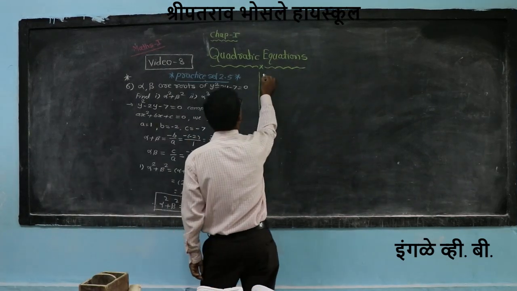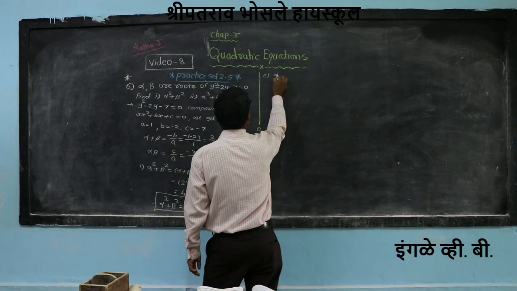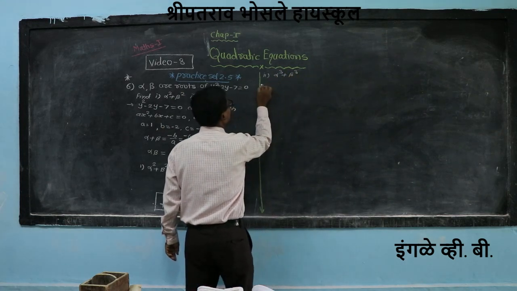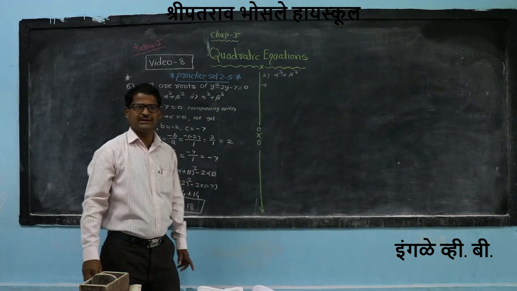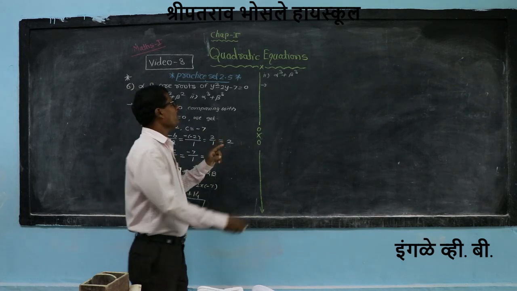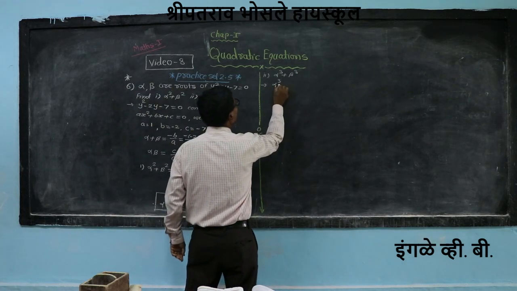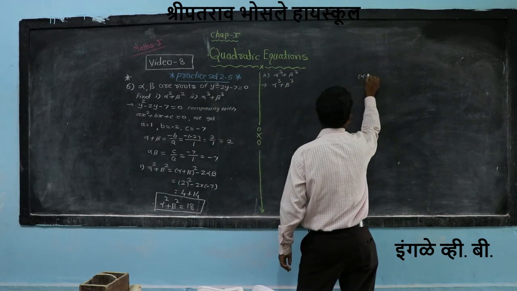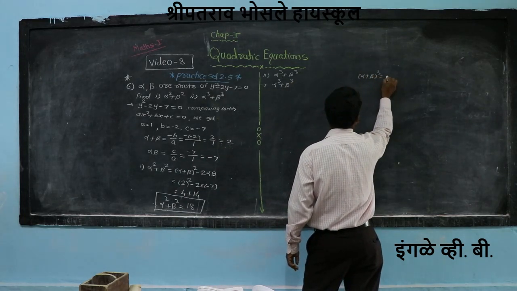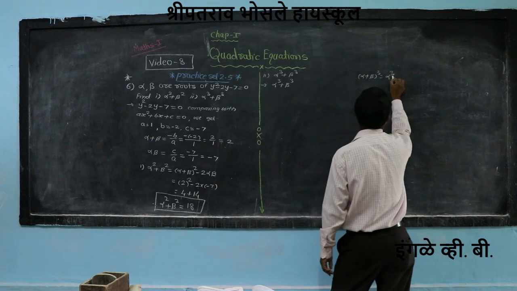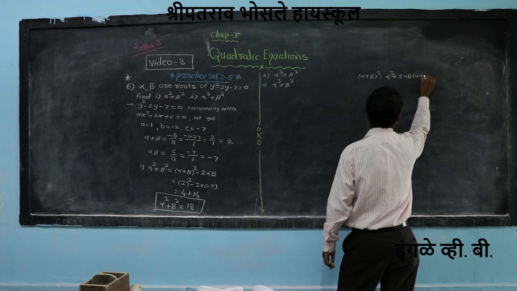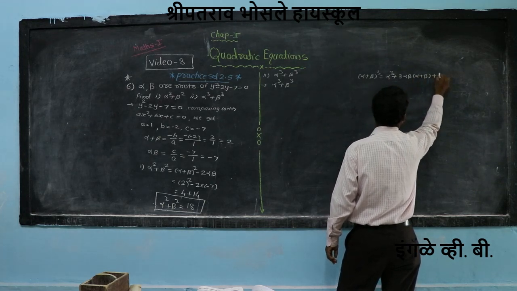Now second, alpha cube plus beta cube. We know that alpha plus beta cube is equal to alpha cube plus beta cube plus 3 alpha beta in bracket alpha plus beta.